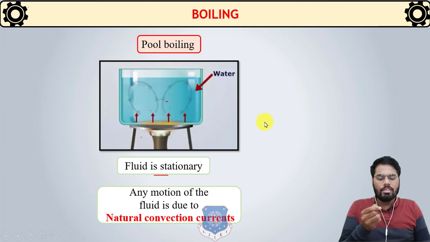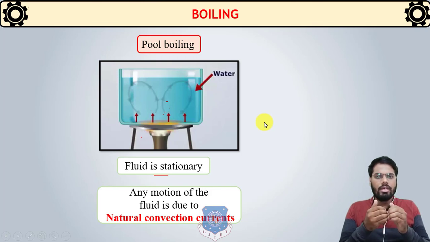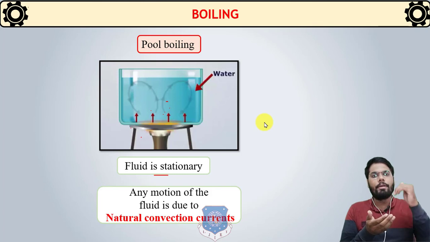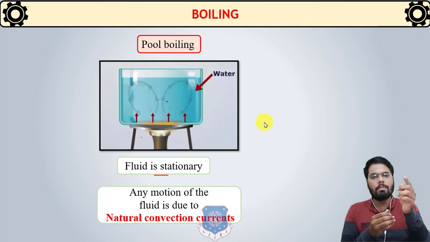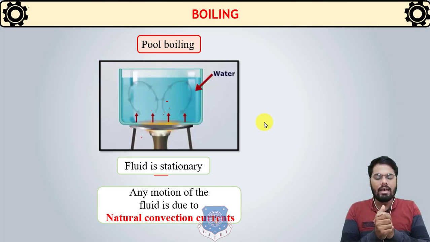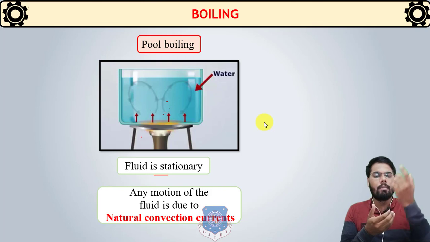Now the temperature of that layer will increase, and due to the increase in temperature, the density of that layer will become less as compared to the upper layer. So that less dense, high temperature layer is going to be replaced by the higher density layer which is just above it.